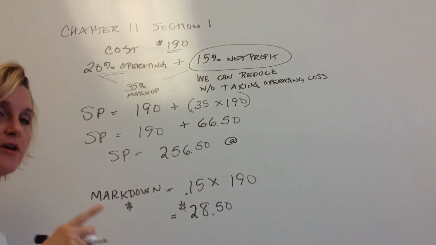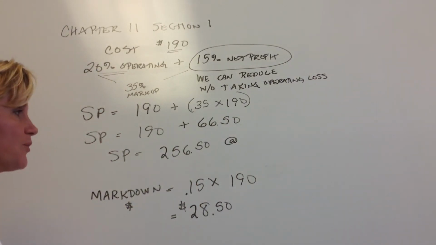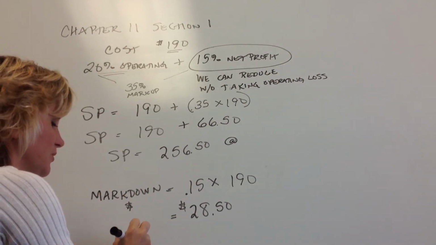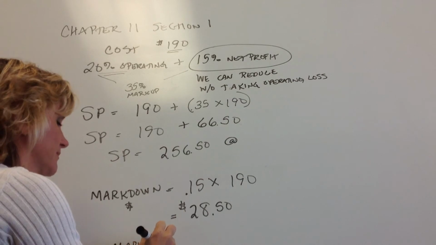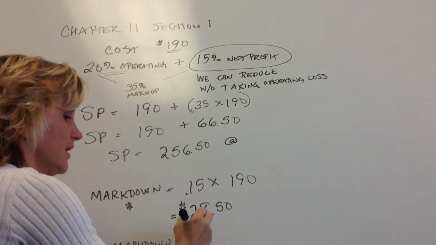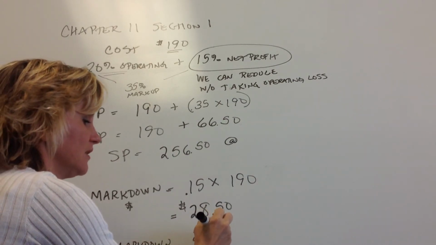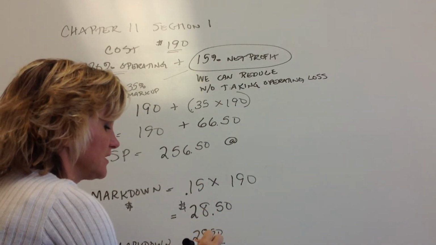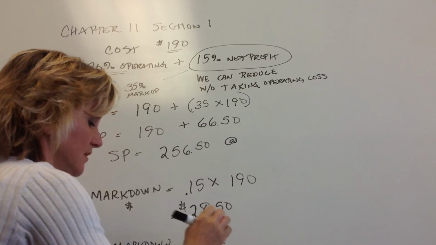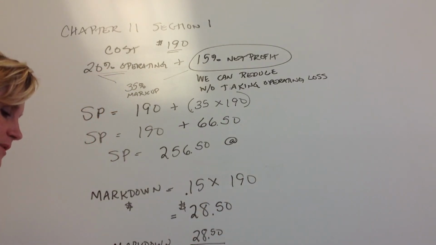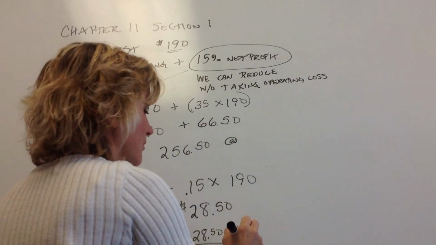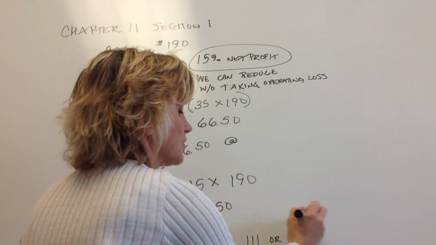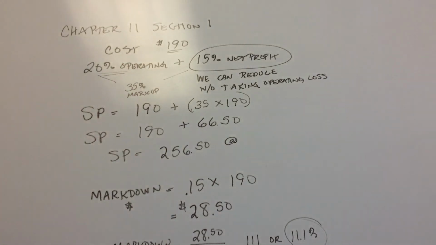But again, that's a dollar amount. That's not what the problem's asking for. The problem wants to know, well, what percentage is that? So if I turn that into a percent, then I have to take my $28.50 and divide it by my original selling price of $256.50. So $28.50 divided by $256.50 gives me 0.111 or 11.1%. So then that's my final answer.